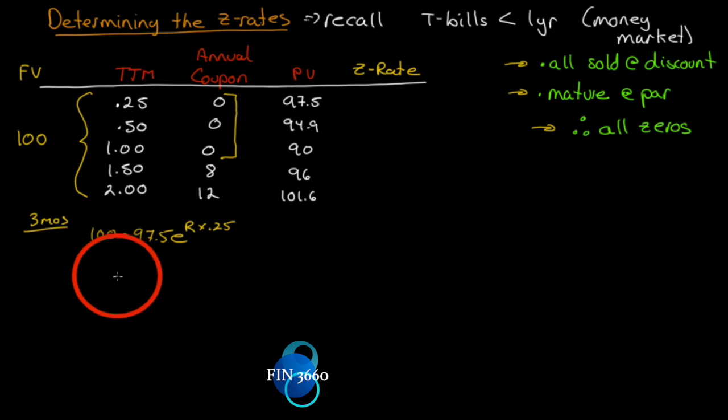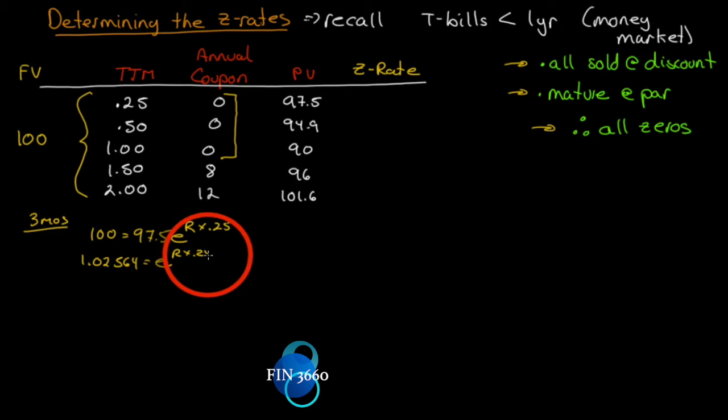Well, we divide both sides by 97.5. And if we do that, I'll get 1.02564 equals e^(R × 0.25). And if I take the natural log of both sides, I will get ln 1.02564, and I will just get the power term here, which is 0.25R.